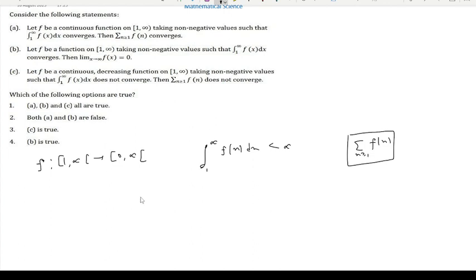So look at the function. Let us now try to define a function in such a way. Just look at the figure of the function.